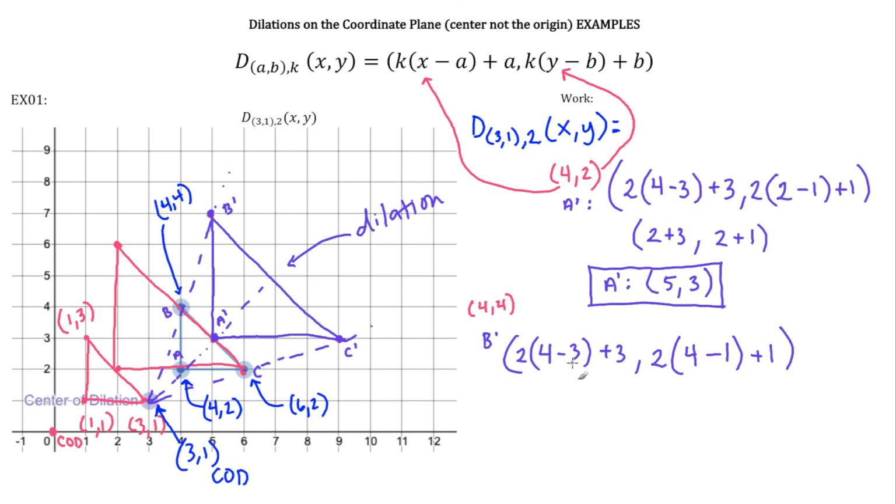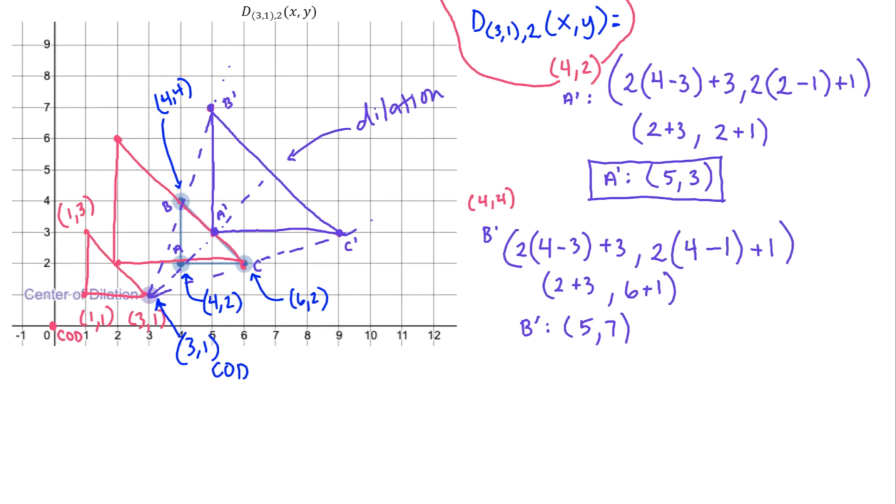So 4 minus 3 is 1. 1 times 2 is 2. 4 minus 1 is 3, times 2 is 6, plus 1. And I get that B prime is 5, 7. 5, 7, and that's good. It looks like I have one more, which is 6, 2.